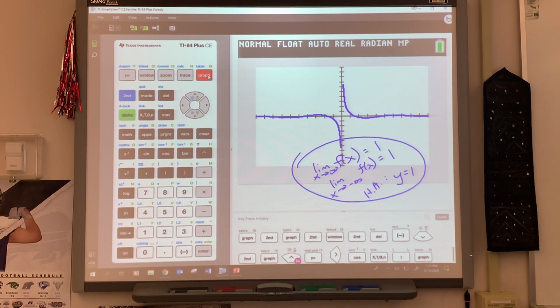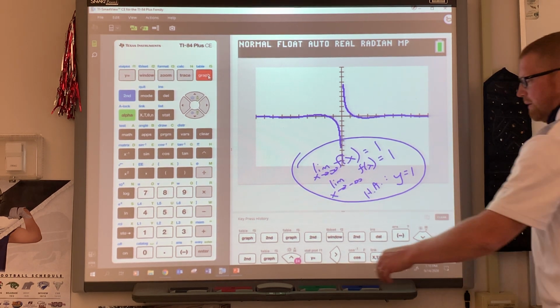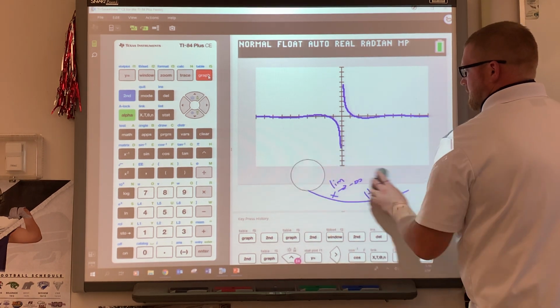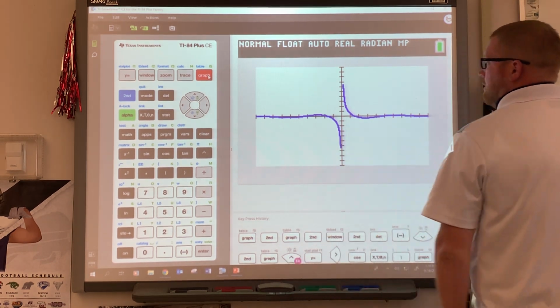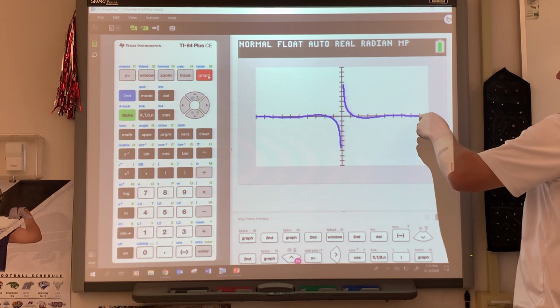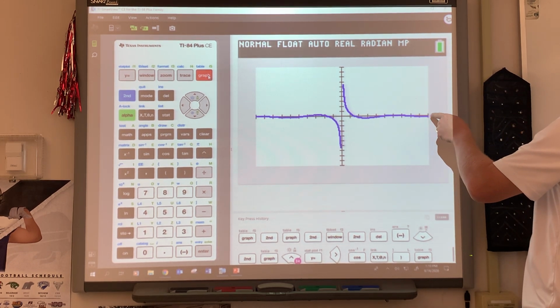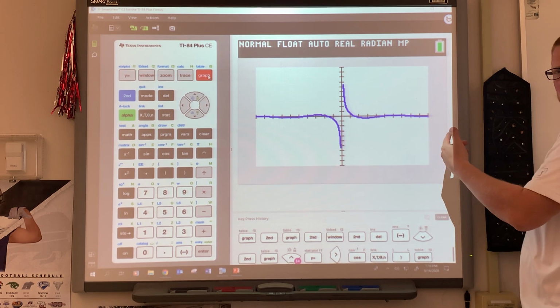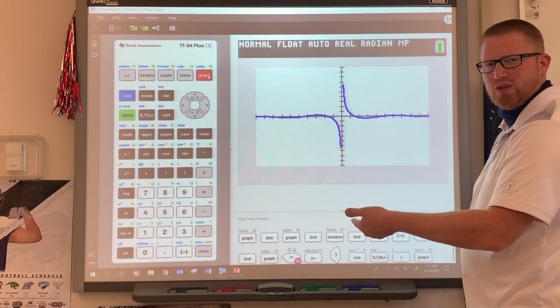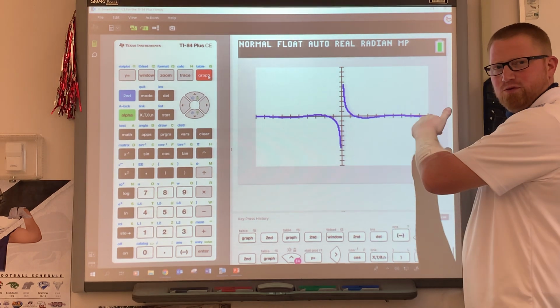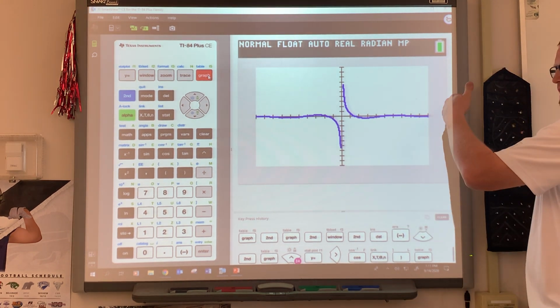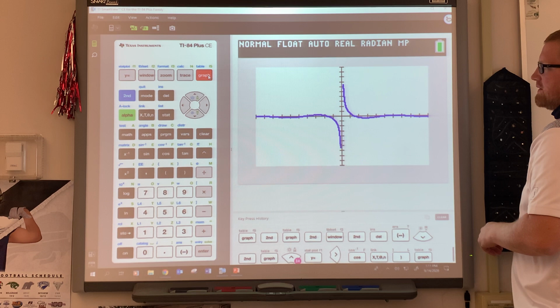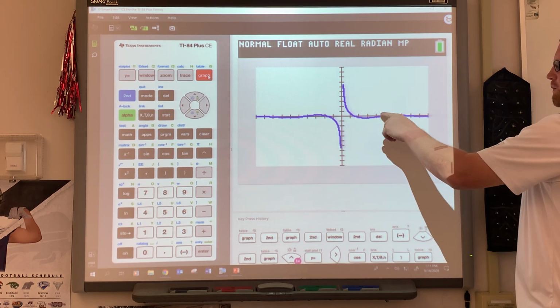I think that graph seems to agree with what we just talked about. As I follow this graph as x gets really, really, really big, what happens? It seems like it's oscillating back and forth. That makes sense, the numerator cosine x oscillates back and forth between negative 1 and 1, so it's oscillating between positive and negative signs.